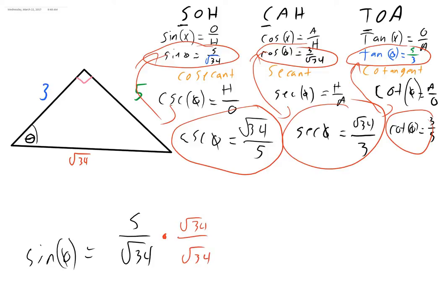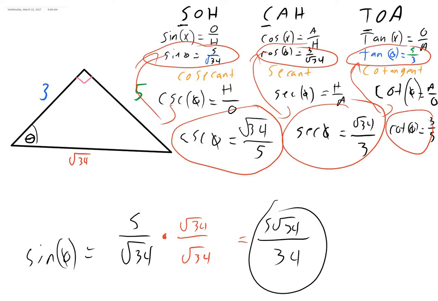You're going to multiply by whatever the radical in the denominator is, over itself. So you end up with 5 root 34 over just 34, because essentially what you have is root 34 squared over the root, which just cancels each other out. That should be listed as your sine of theta.